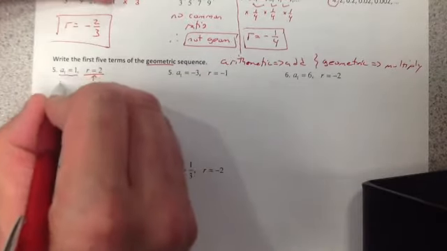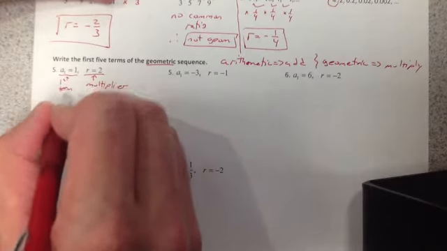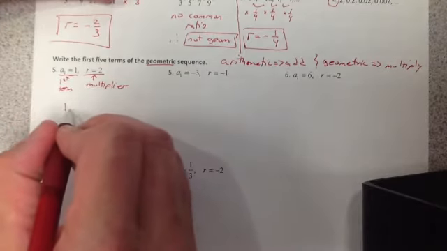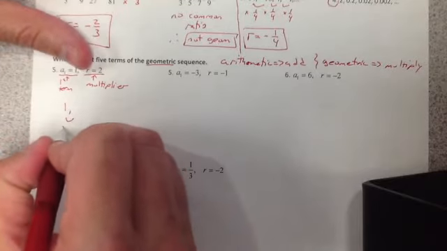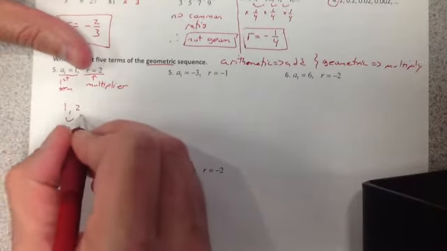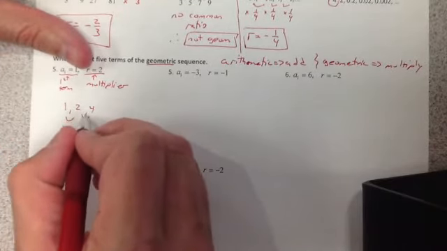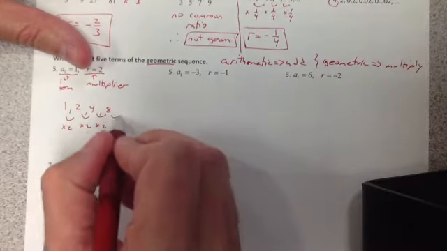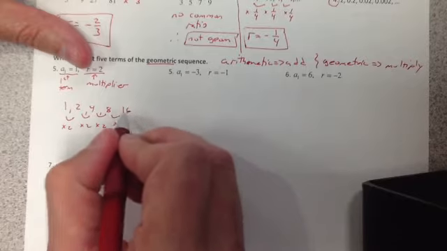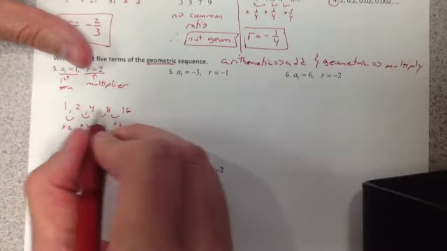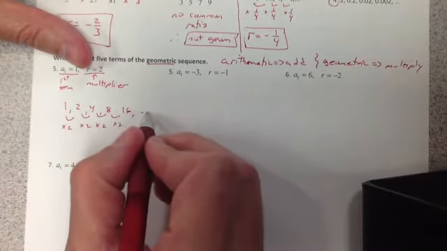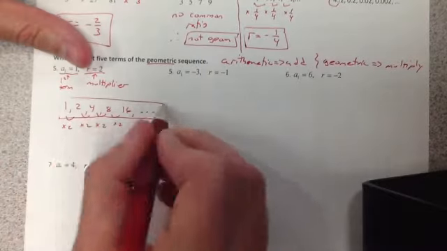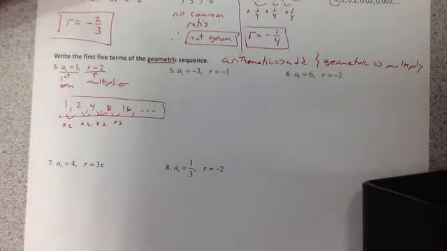A sub 1, of course, is our first term. So, my first term is 1. To get my second term, I multiply by 2, I get 2. Times 2 again, we get 4. Times 2 again, we get 8. Times 2 again, we get 16. And there are 1, 2, 3, 4, 5 terms, comma, dot, dot, dot. And there's our answer: 1, 2, 4, 8, 16.